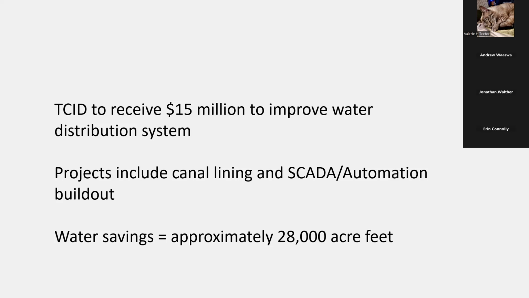And so we were able to talk to the USDA and say, let's really focus on our distribution system, because as we do that, then we're actually not calling upon that water out of the reservoir to make those deliveries. So 28,000 acre-feet of water either stays in the reservoir or it stays in the Truckee River and makes its way back to Pyramid Lake.